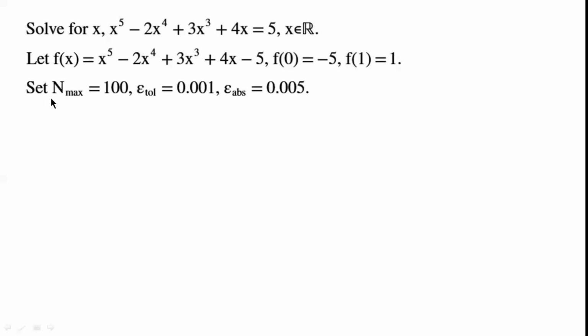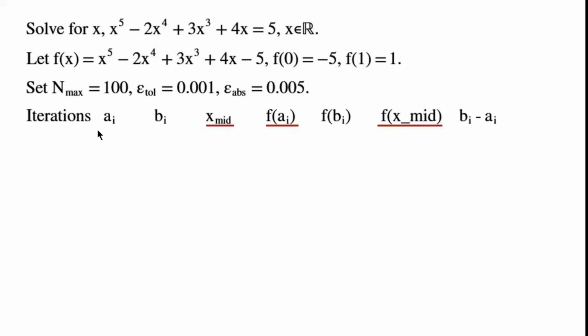We set n max to be equal to 100, epsilon tau to be equal to 0.001, epsilon abs to be equal to 0.005.